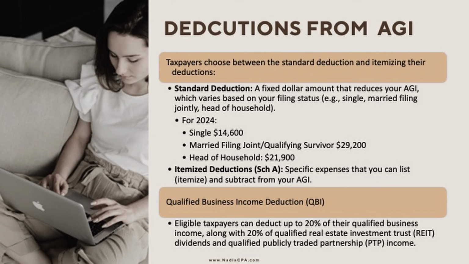Then you compare both buckets. Whichever is greater, that's the deduction that you're allowed to take from adjusted gross income, or AGI as it's known. And then after that, we have another deduction that is allowed to us, which is called the qualified business income deduction. But you must have a business to be able to benefit from this type of deduction.